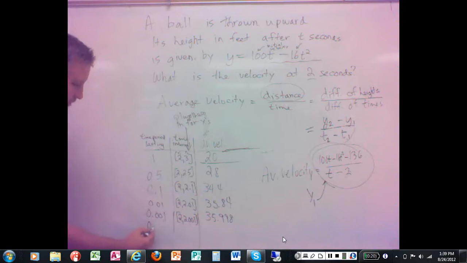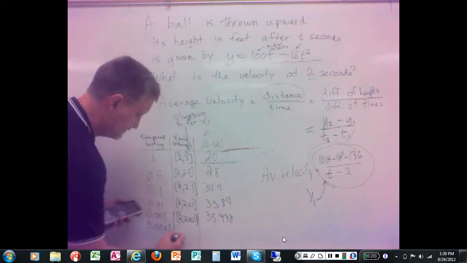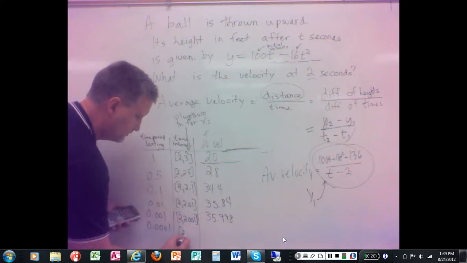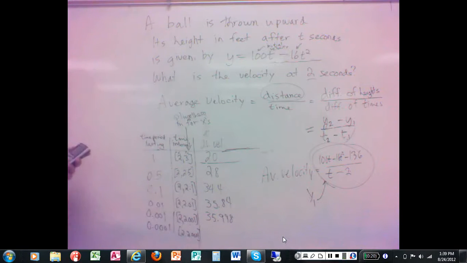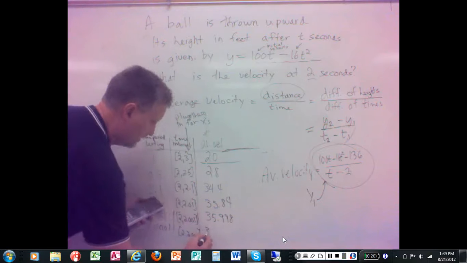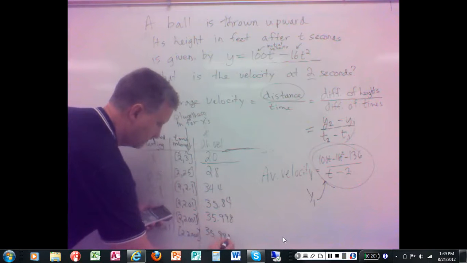Let's go one more. Why not? So 2 to 2.00001. And that gives me 35.9984.